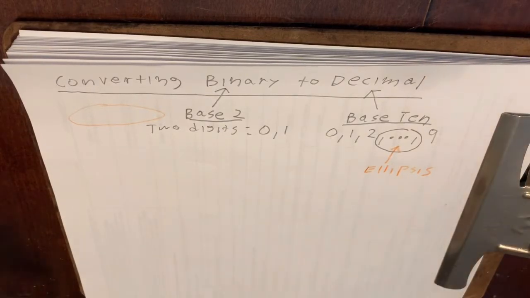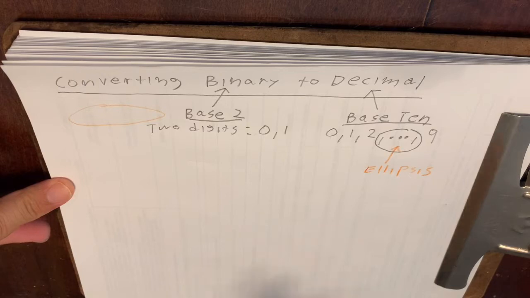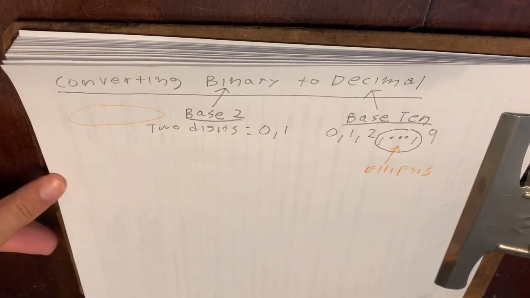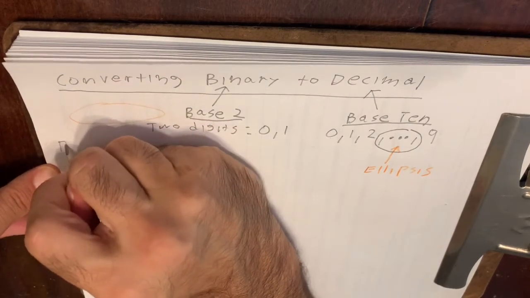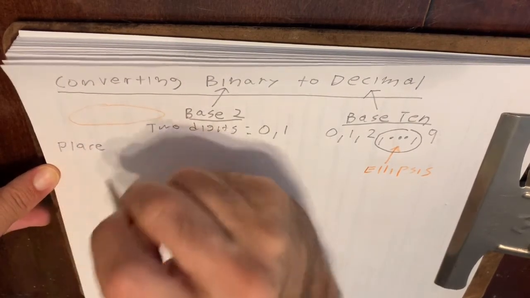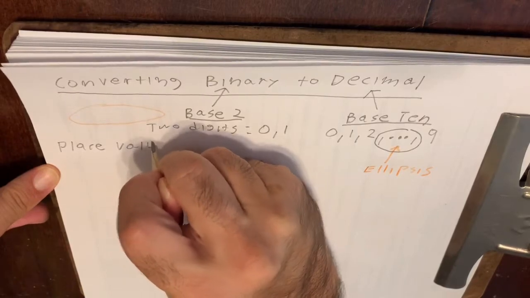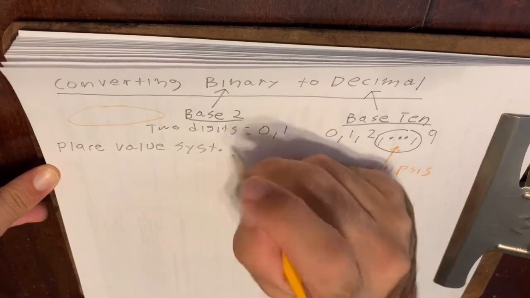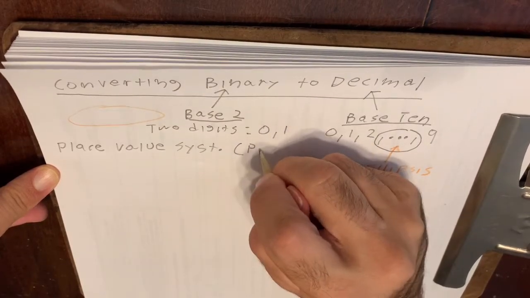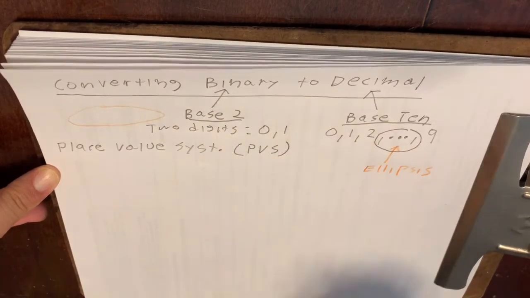Okay, so let's get to some examples to illustrate converting. Oh, so the other thing we need to understand is what's called the place value system. And I'm just going to call the place value system PVS for short.